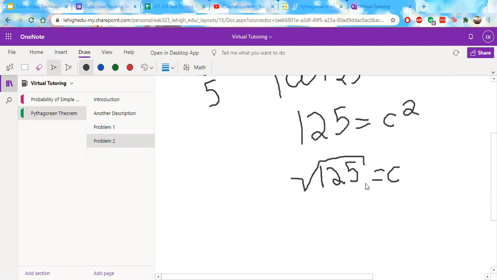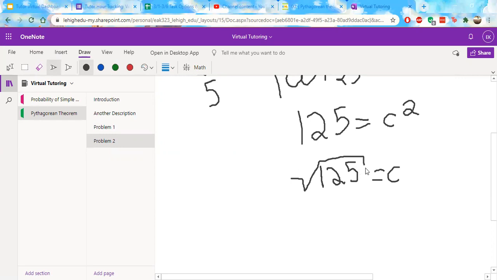Now, as you're probably realizing right about now, 125 isn't a really easy square root to take. We know that 11 squared is 121, and 12 squared is 144. So we have to know that 125 isn't a perfect square of some number.